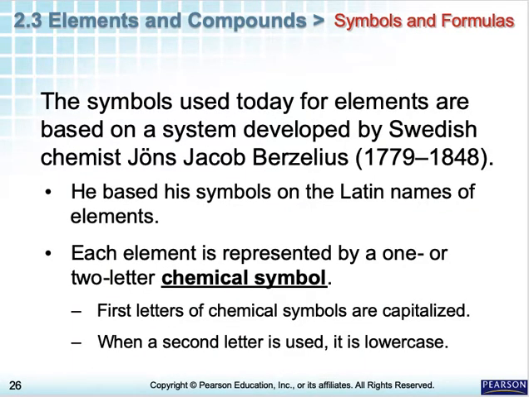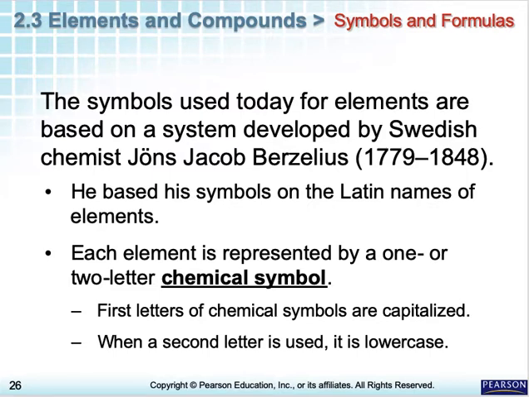The symbols used today for the elements were based on a system developed by Swedish chemist Jons Jacob Berzelius, and you don't need to know his name or his dates of birth and death. All you need to know is that he based those symbols on Latin names of the elements.